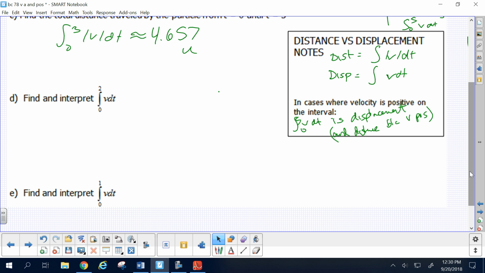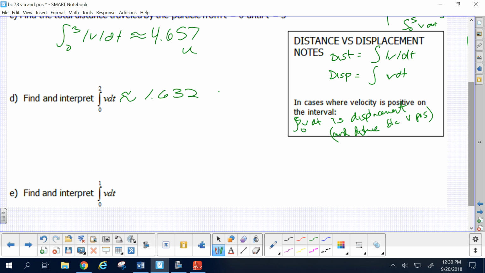So for 0 to 2, this is approximately 1.632. Now, when you interpret an integral, you say what it is, with units and when it is, with units. So they actually look for four things.